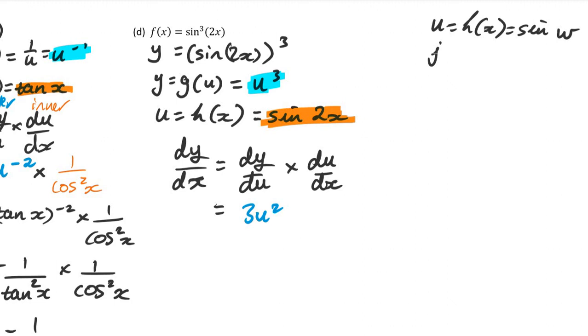Let's go that w is j of x. I'm just using different letters here. And that's 2x.